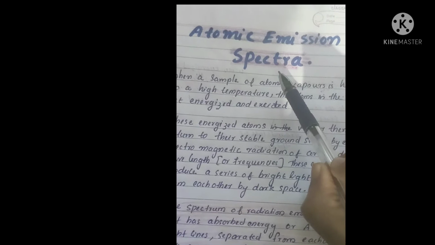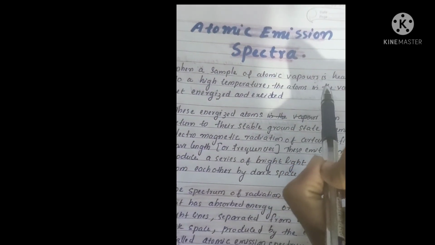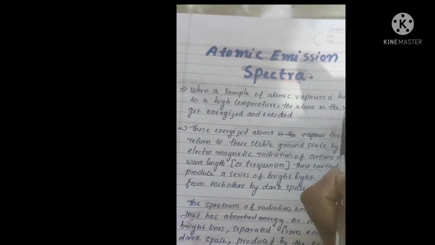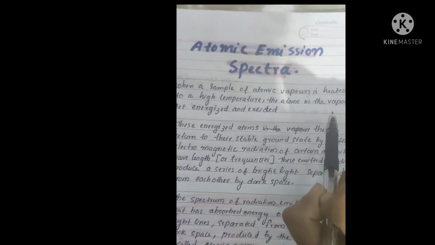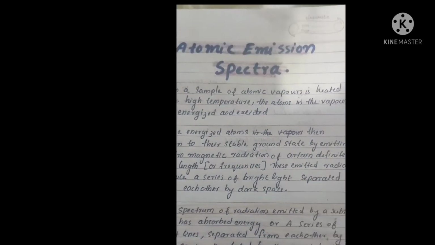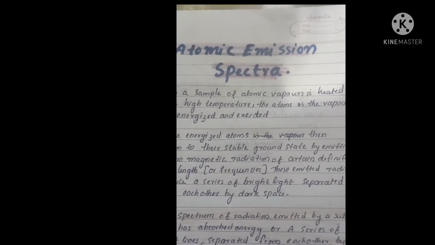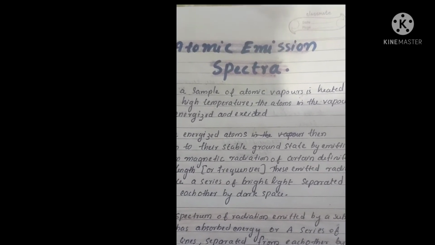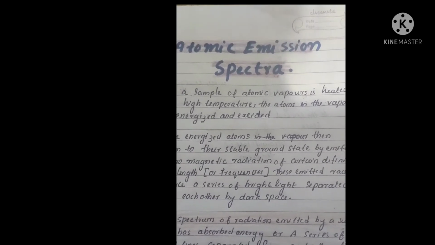Atomic emission spectra. When a sample of atomic vapor is heated to a high temperature, the atoms in the vapor get energized and excited. That is, the atoms present in the vapor, when we give high temperature, get excited by the absorption of energy.